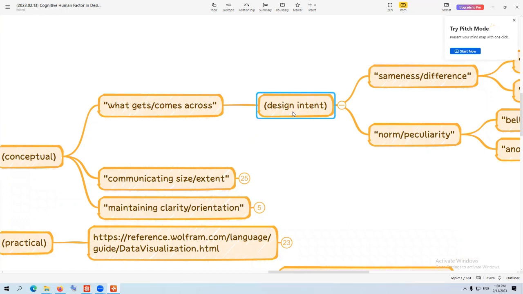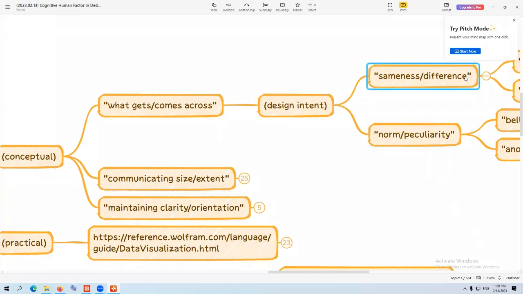Whereas if I want to highlight the difference, which I don't, you can certainly do that with a racist ideology, saying Chinese people are not the same as Japanese or something like that. You can do all kinds of stuff. So this is really the design intent. In commercial application and social communication, these two are the bread and butter of design intent.